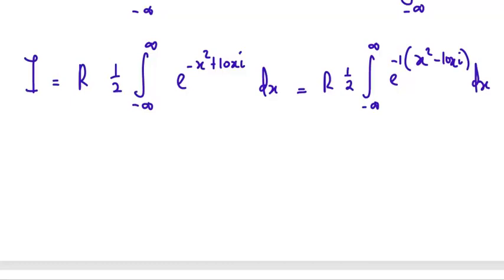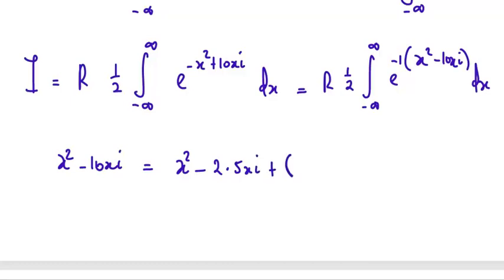Let us complete the square of the power of e, which involves a quadratic expression. x squared minus 10xi is the same as x squared minus 2 multiplied by 5xi.